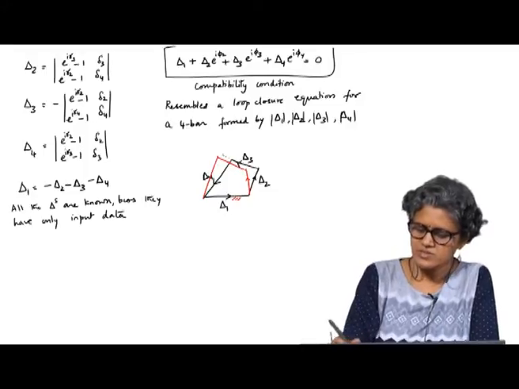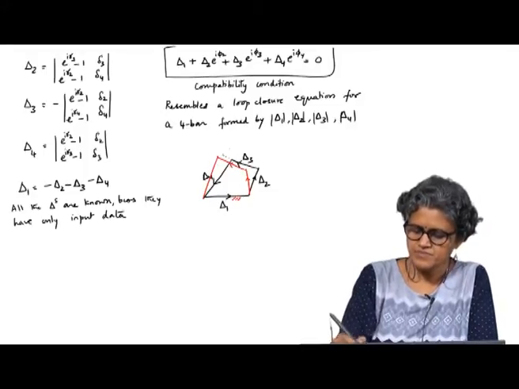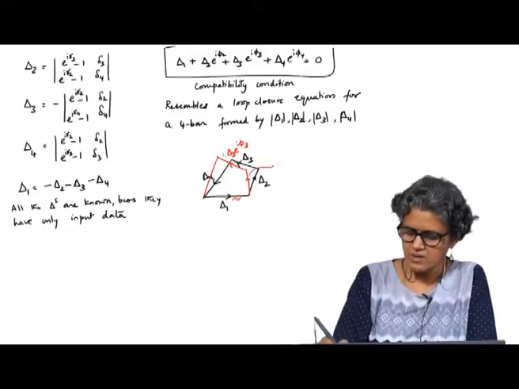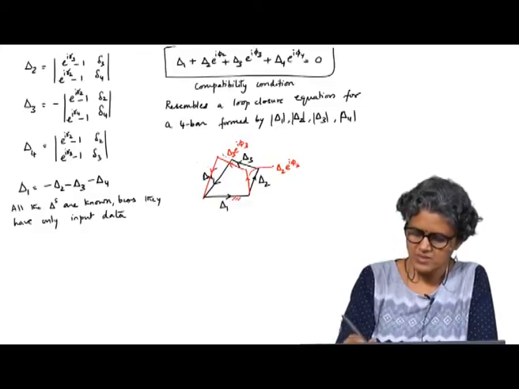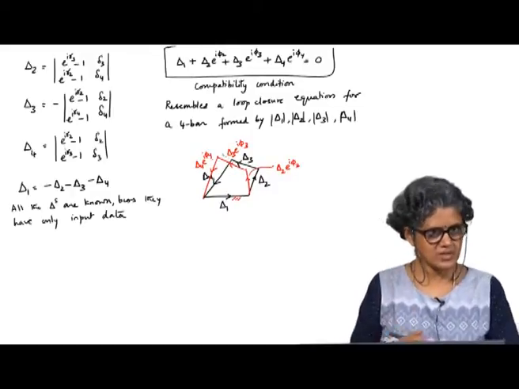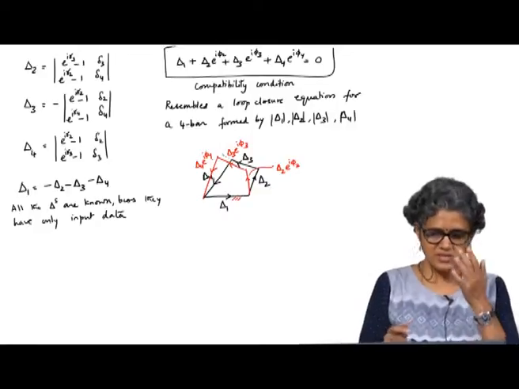So, this would be delta 3 e power i phi 3, this would be delta 2 e power i phi 2 and this would be delta 4 e power i phi 4, where the angle is from the origin. Okay. So, I can think of it in this way.